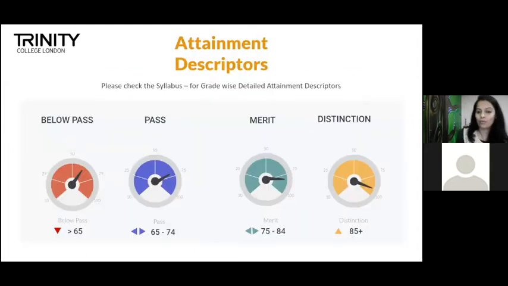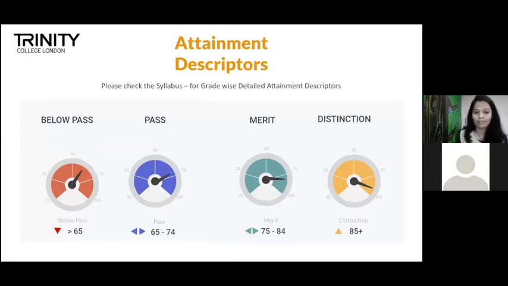So let's move on to the attainment descriptors. Yes, we do have attainment descriptors. It might sound very scary, but it is not, because we are marked for the skills that we demonstrate, and we've worked on it through a period of time.